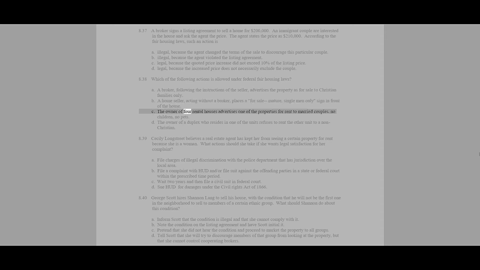C. The owner of four rental houses advertises one of the properties for rent to married couples, no children, no pets. D. The owner of a duplex who resides in one of the units refuses to rent the other unit to a non-Christian.